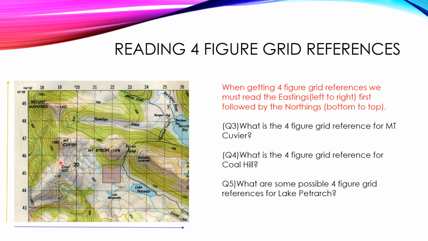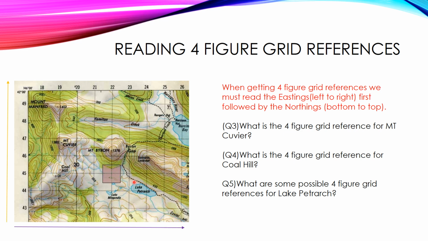For question 5, we need to look at Lake Petrarch. Now this goes over a few different boxes. So there are a few different 4-figure references or area references that I could use. If I wanted to give the area reference that had the most of the lake in it, I would look at this box.